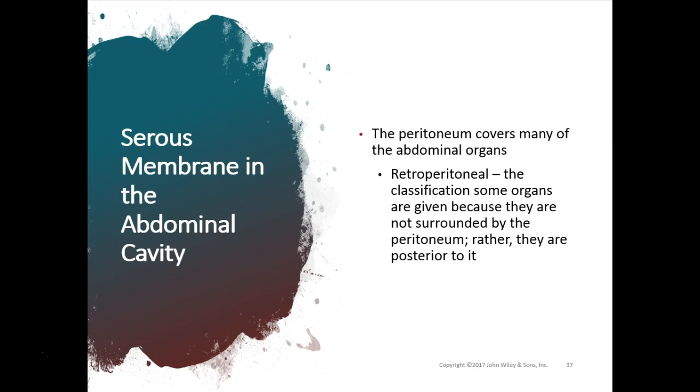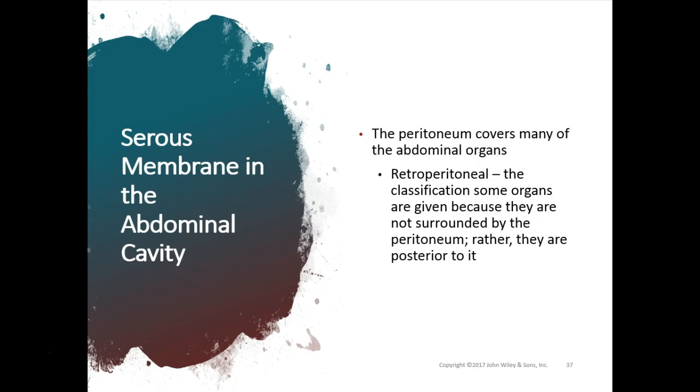Alrighty. So within the abdominopelvic cavity, we call the serous membrane that lines the organs and lines the cavity the peritoneum. So the visceral peritoneum lines the abdominal organs. The parietal peritoneum lines the abdominal cavity.